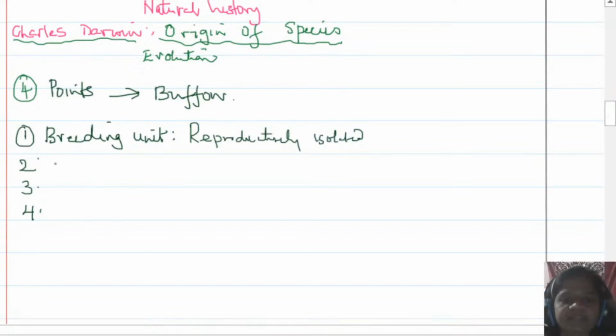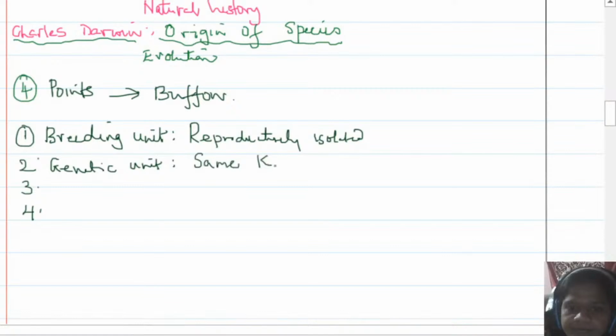And the second part is a genetic unit. Now, what does that mean? Genetic unit means they are all having the same karyotype. What does karyotype mean? Karyotype means putting all your chromosomes in line.